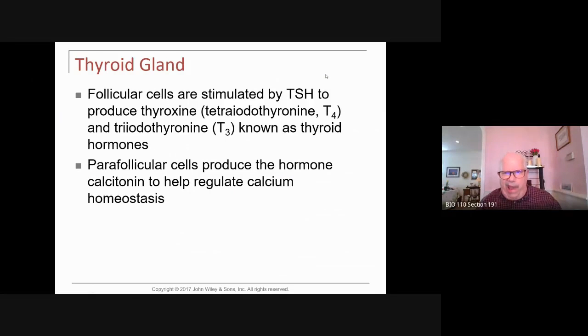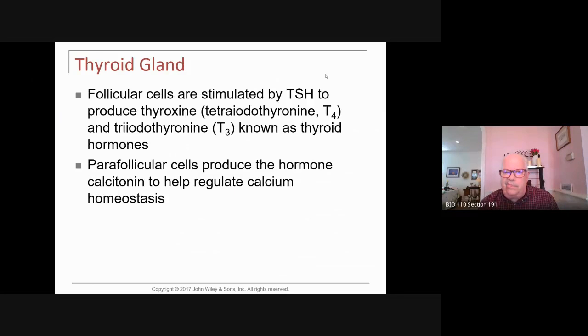It is made of 2 different types of cells. The follicular cells are stimulated by the pituitary. The pituitary produces thyroid stimulating hormone.